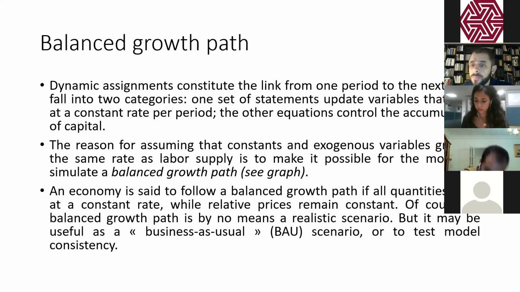So the balanced growth path is represented by the path where all my macroeconomic aggregates will increase with the same growth rate, which is the population growth rate. So that's the balanced growth path that was advanced by Solow in his model.